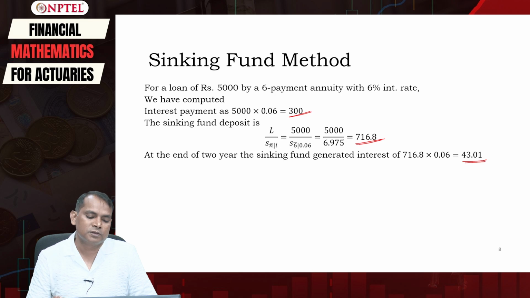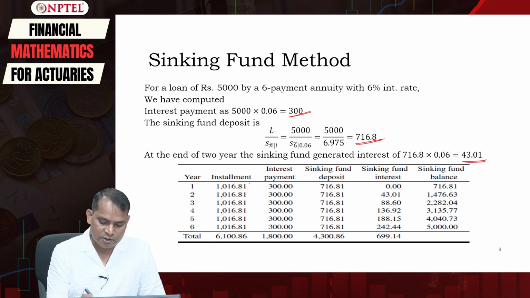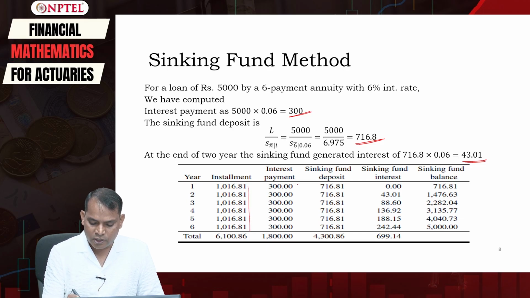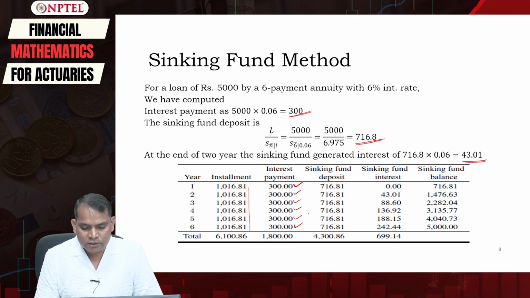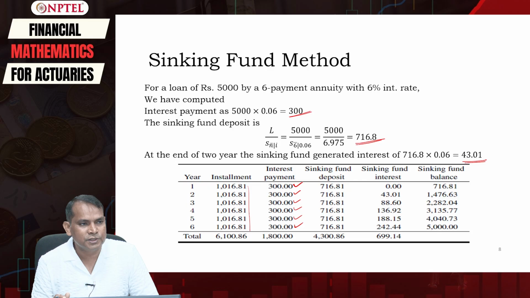Similarly, using this method we have understood how to compute this table, right? Look at this table: this is the installment amount we have already computed, but now every time you are paying a similar interest payment of 300 rupees, and a constant amount of 716.81 you are depositing each year so that you can earn some interest.